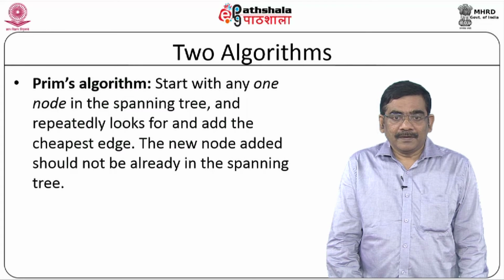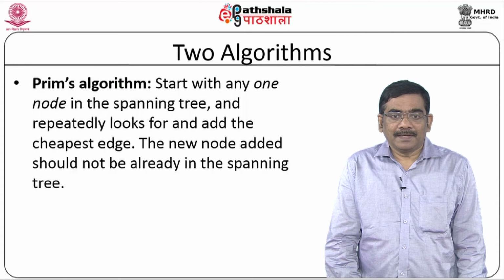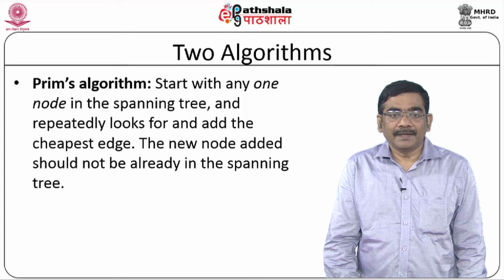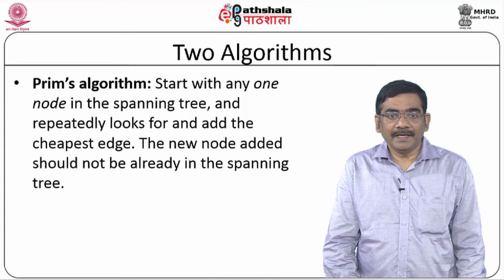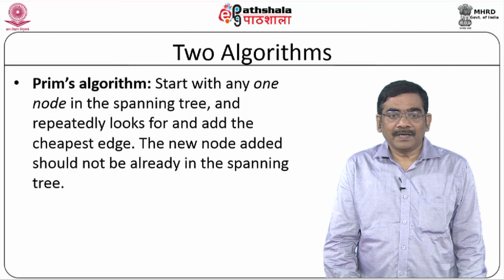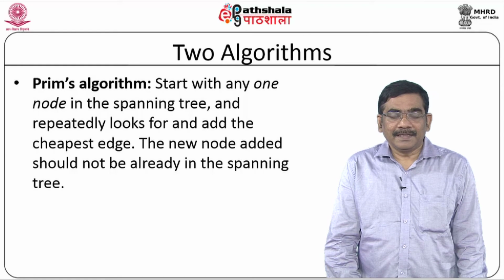The other prominent algorithm is called Prim's algorithm. So, here we start with any node in the spanning tree, and again we are looking for the cheapest edge. The criterion is that the new node should be an unexplored node.